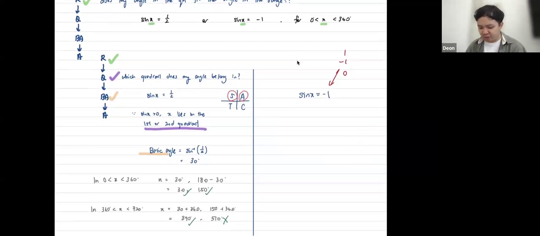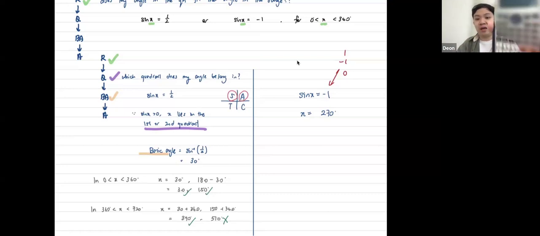Sine x equals -1. If I'm not wrong, the answer is 270, so x equals 270 degrees. It's memory work. I don't know how to explain why it is like that, but we can type into the calculator sine inverse of -1.